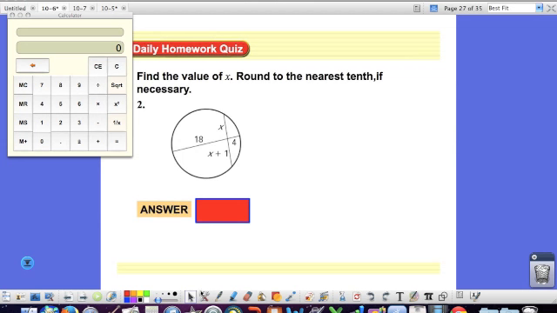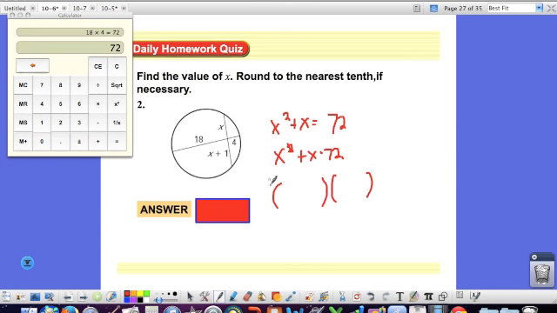For this next problem, to find the value of x, we're going to multiply x by x plus 1, and we get x times x is x squared, x times positive 1 is 1x, and 18 times 4 is 72. Now we're going to subtract 72 from both sides to get x squared plus x minus 72 equals 0.